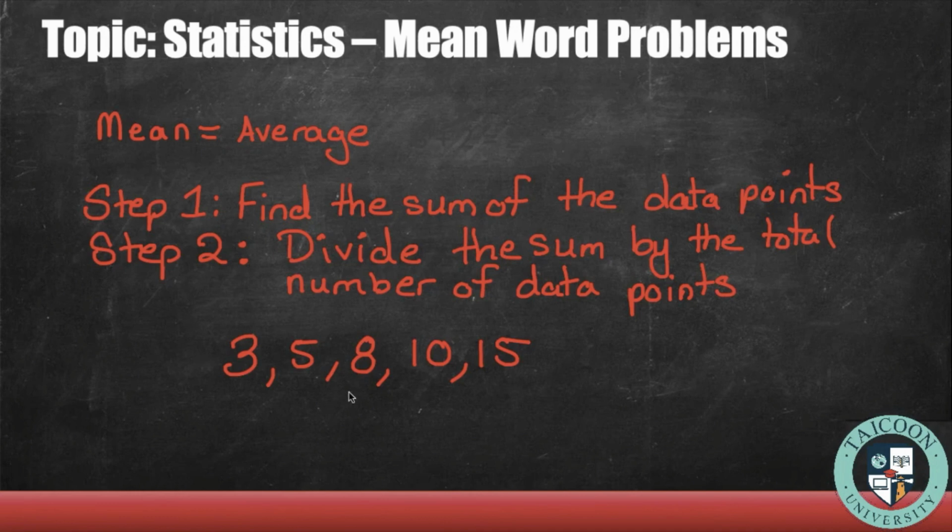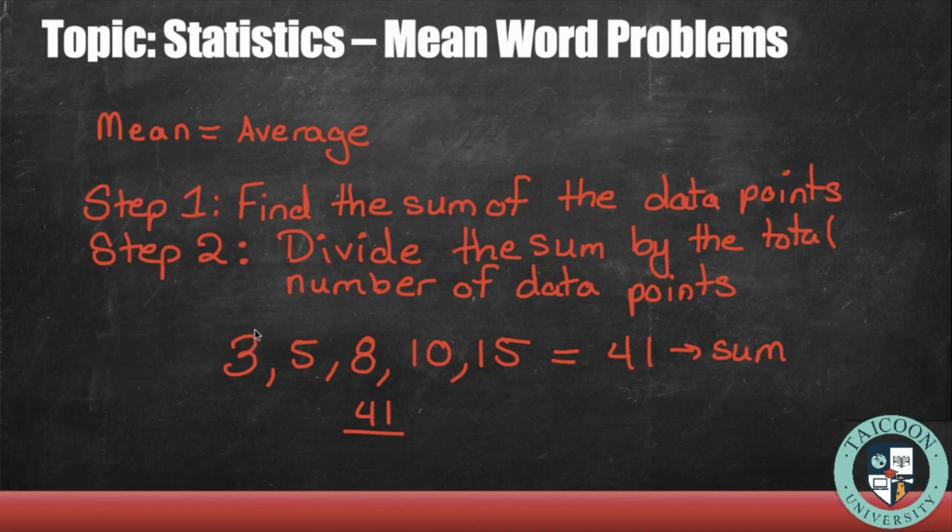As we said above, we're going to find the sum of the given numbers. So we have 3 plus 5 is 8, plus another 8 is 16, plus 10 is 26, plus 15, that's 36, 37, 38, 39, 40, 41. So we have 41 representing the sum, okay? So that's the sum of our 5 data points. Now to find the average, we're going to take that sum and divide by the number of data points.